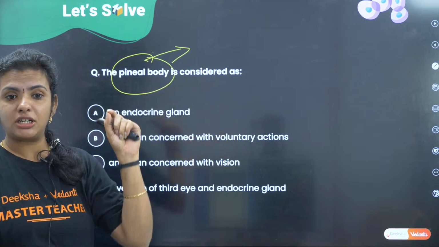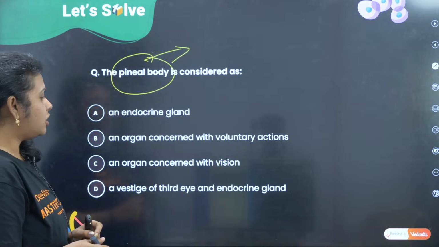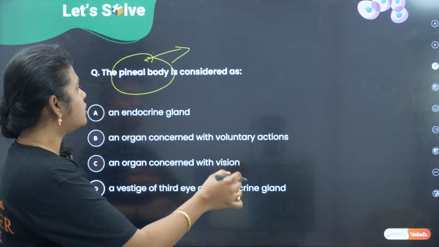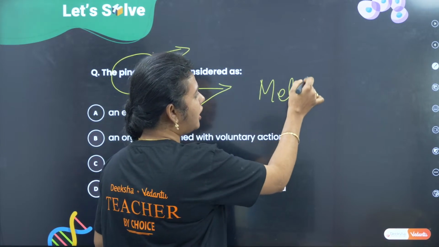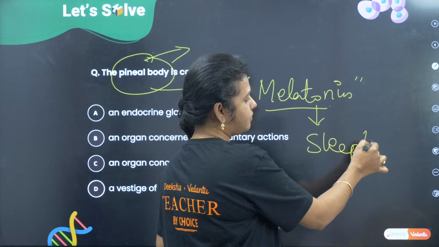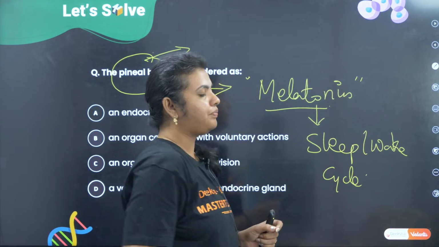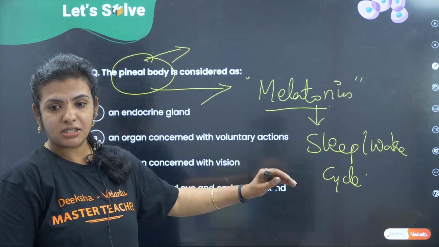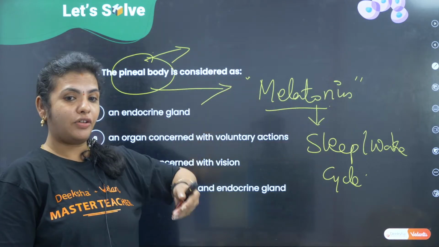We are going to consider pineal gland as a very, very important hormone. Very good, Dhanush. You've given the answer correctly. So pineal gland is going to produce a hormone which is called as melatonin. This is the main role of the pineal gland. That means I know when I have to sleep, when I have to wake up.